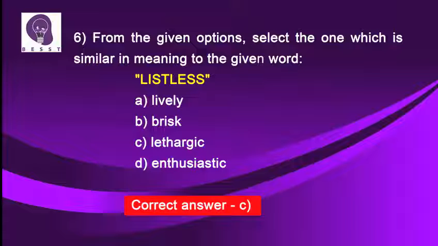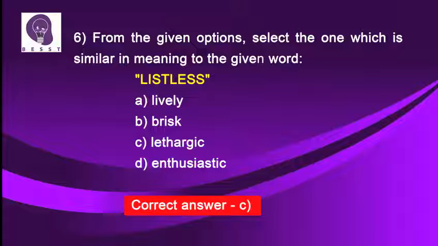What does lively mean? Lively means active. So this is not correct. Option B is brisk, which also means active. Option B also will not go with listless. Option number C is lethargic. Now what does lethargic mean? It means laziness or lack of energy.